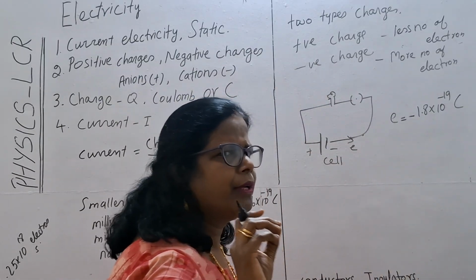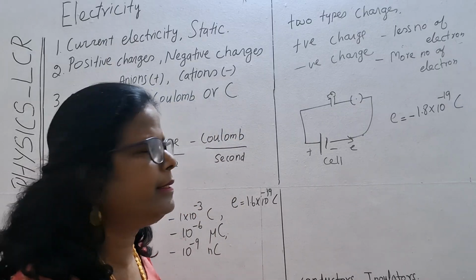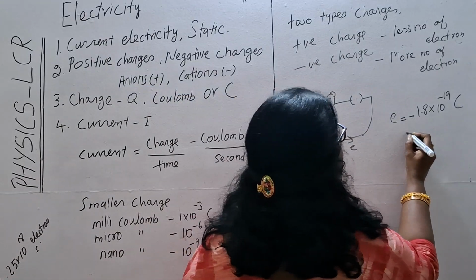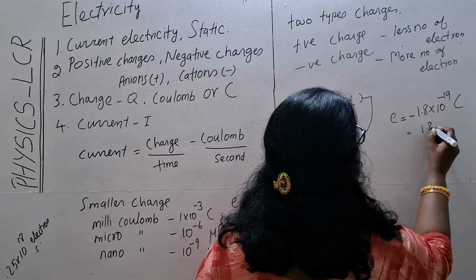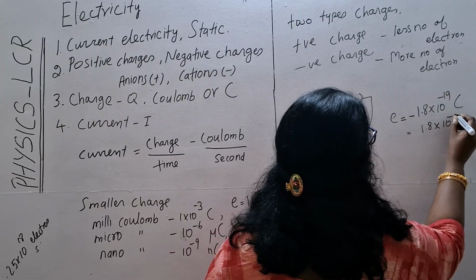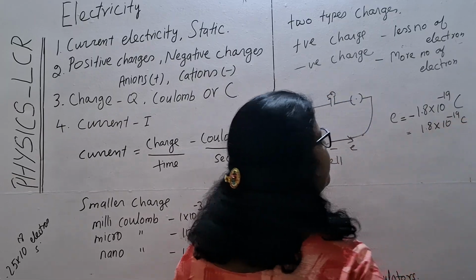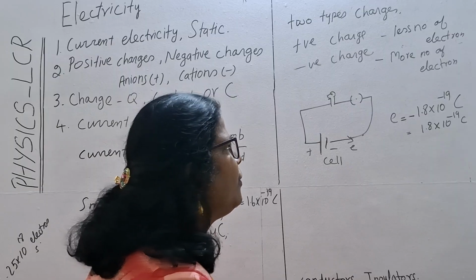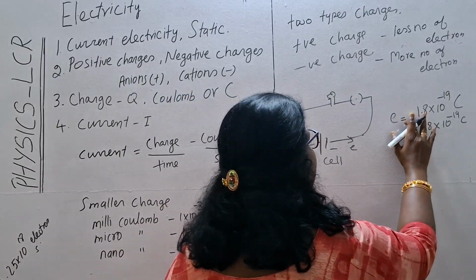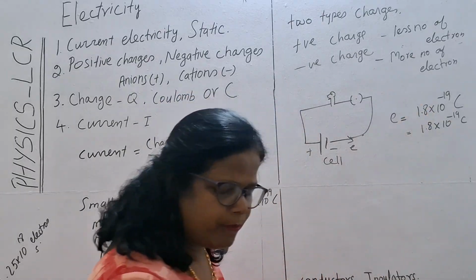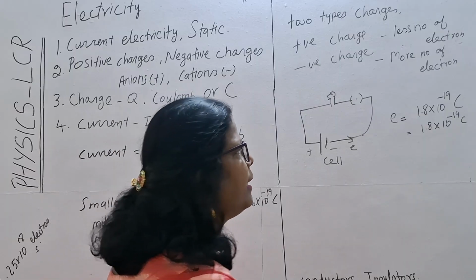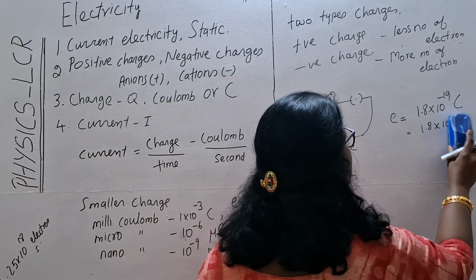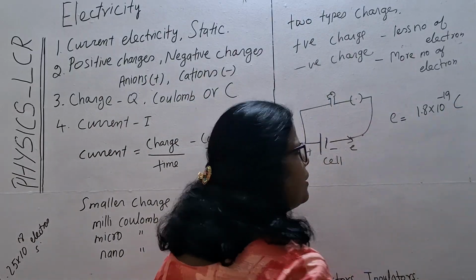Suppose you know about electron and proton. The proton has a positive value, the same value, 10 power minus 19 coulomb. The electron is a negative thing and the proton is a positive thing.